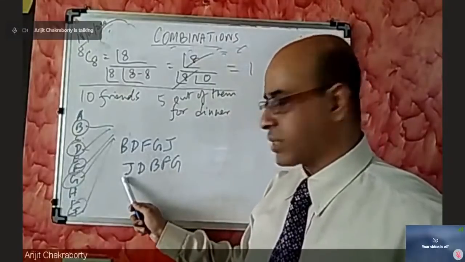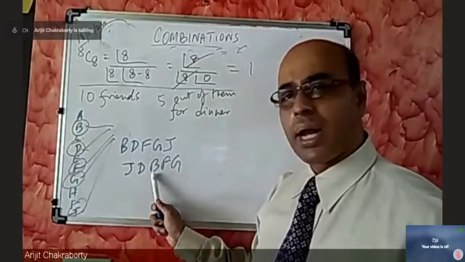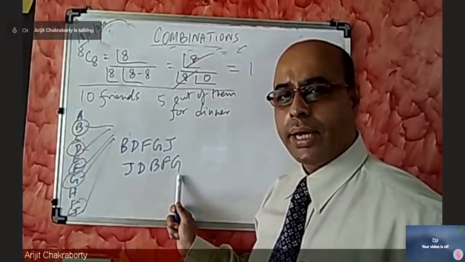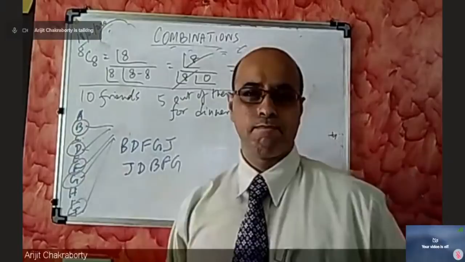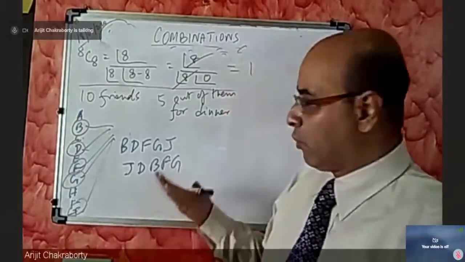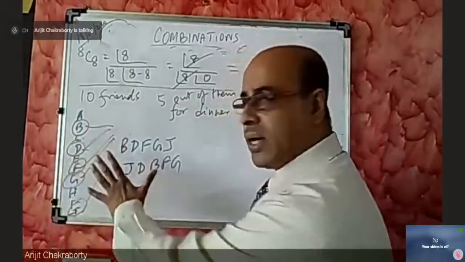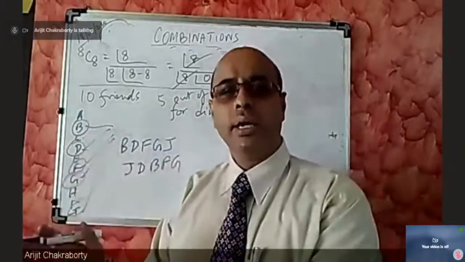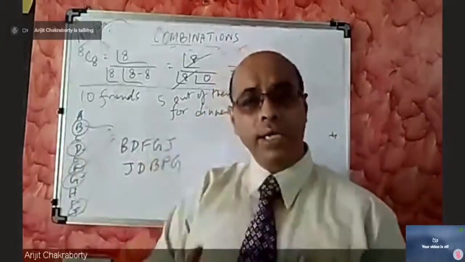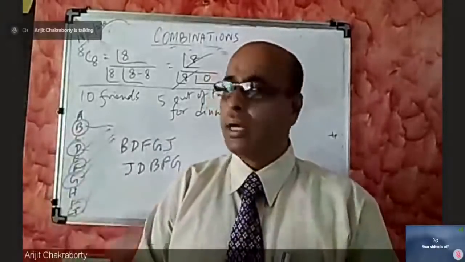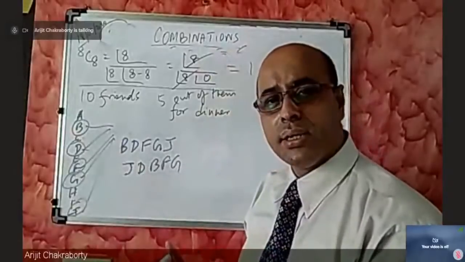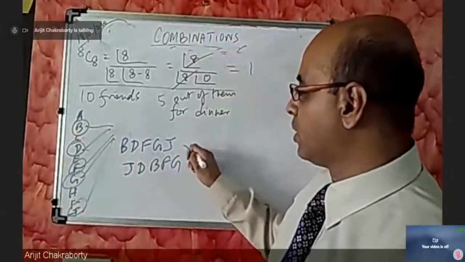And in this case we have Juliet, Delta, Bravo, Foxtrot, Golf. Okay? Will they be same? Well, if you are talking about friends, whether you invite Ram, Shyam and Hari, or whether you invite Hari, Shyam and Ram, it's the same. The order will not matter. You are getting the same friends, right?